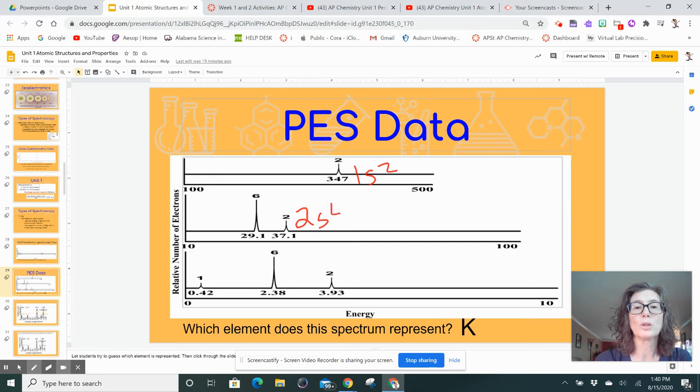Then this one needs to be our 2s2, our 2p6, our 3s2, our 3p6, and our 4s1. So that configuration is representative of the element potassium.